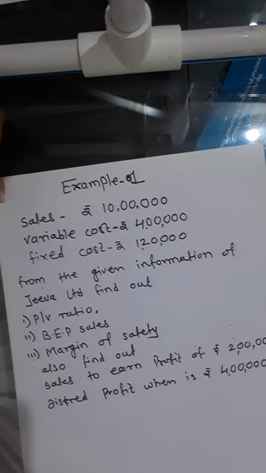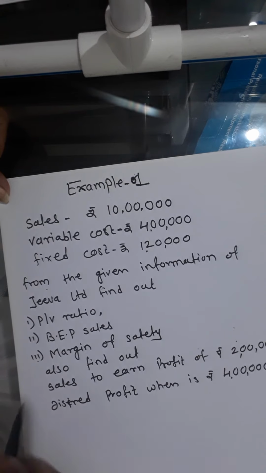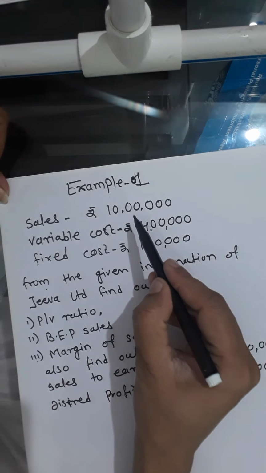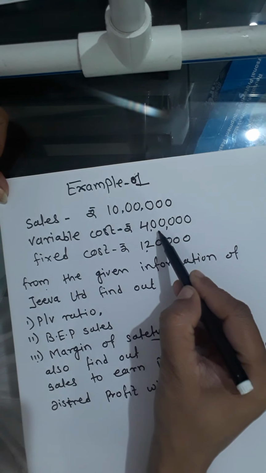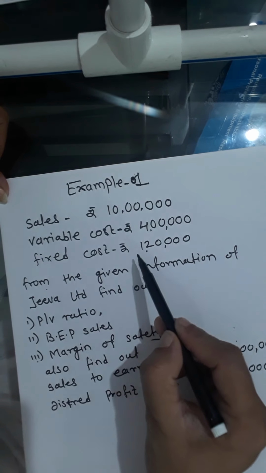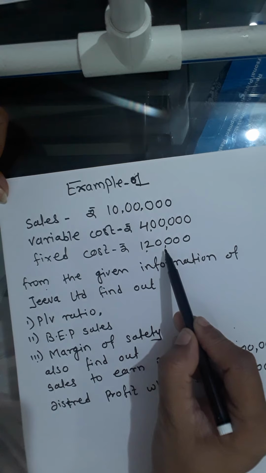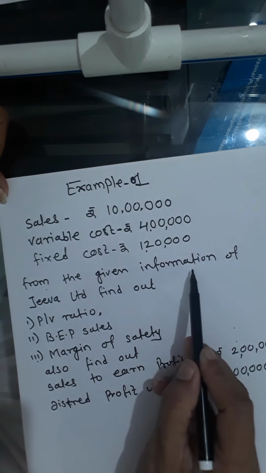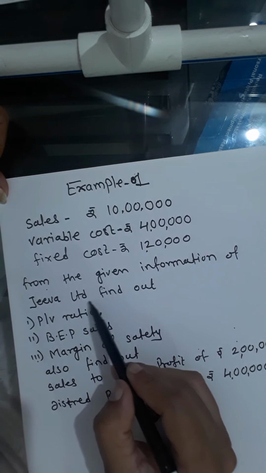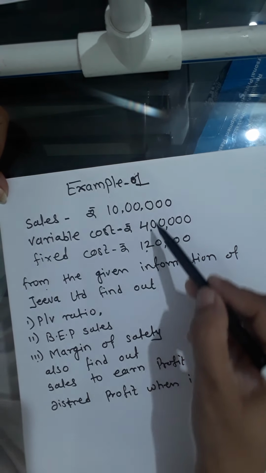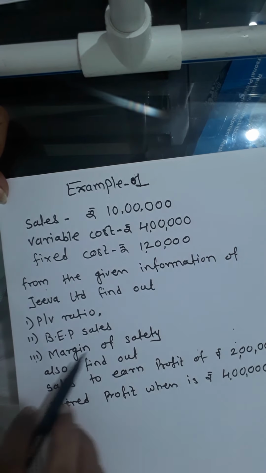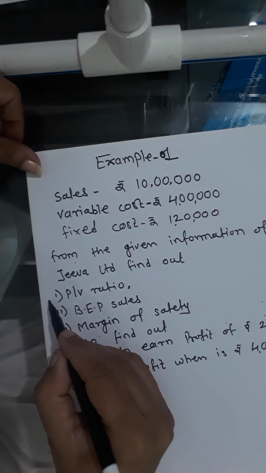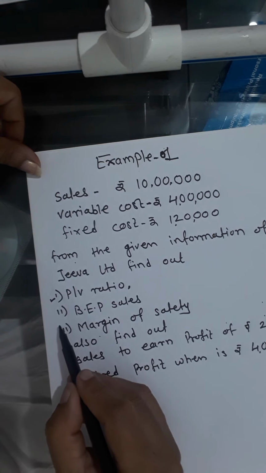Students, you can see over here I have taken sales rupees 10 lakh, variable cost rupees 4 lakh, fixed cost rupees 1 lakh 20,000, and this information is from Jiva Limited. On the basis of this given information we have to find out profit volume ratio, that is PV ratio.